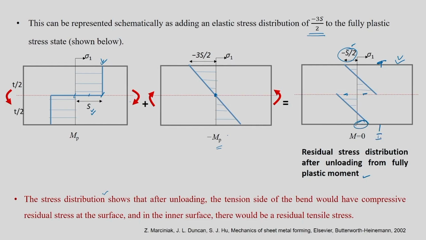The tension side of the bend would have a compressive residual stress, and the inner surface, or the bottom surface, or the compression surface, would have a residual tensile stress. This is how the distribution would be for EPP material unloaded from fully plastic moment.